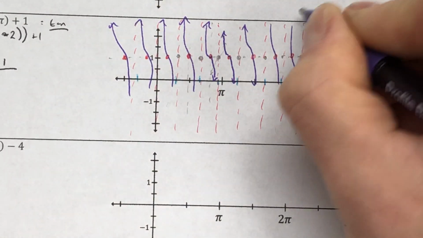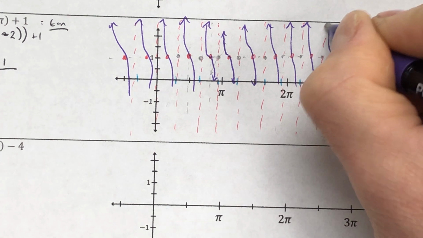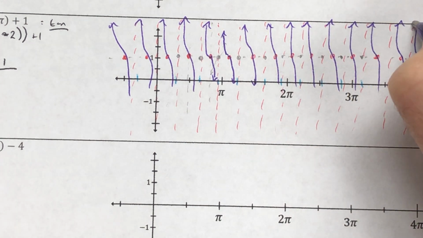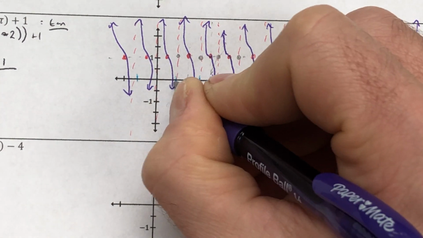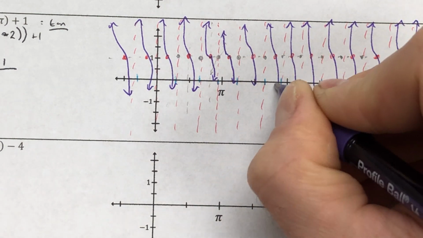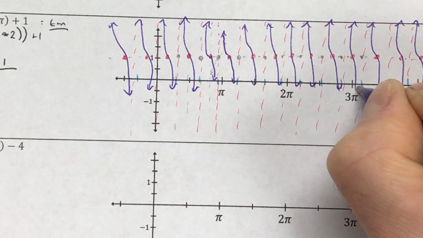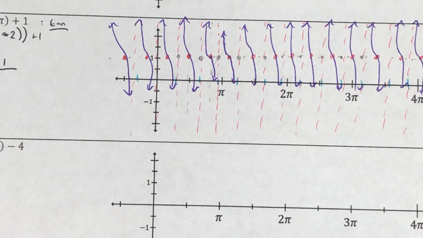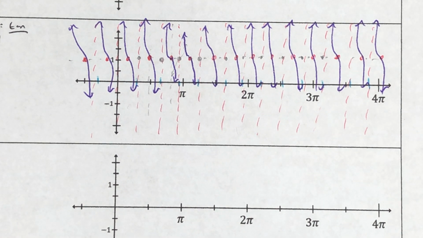There we go. And so that is graphing a cotangent function using its parent or its original trig identity, which was a tangent wave. And that is messy, but not too bad to do. There you go.